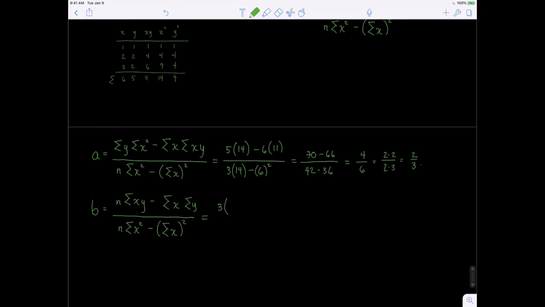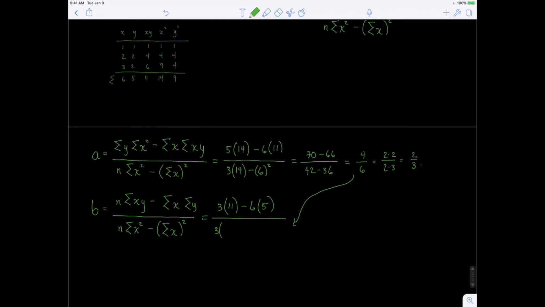The sum of the product is 11, minus the sum of the x's, that's 6, times the sum of the y's, which is 5, over n, again 3. And notice that we've already calculated all this information in the bottom. We know it's going to be 6, because the bottoms match. But we'll just double check, just this one time.